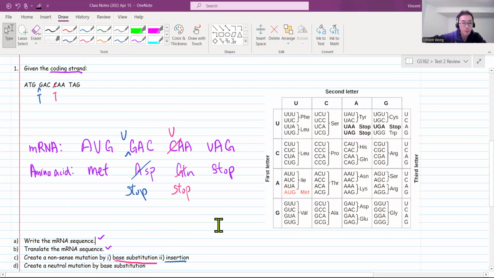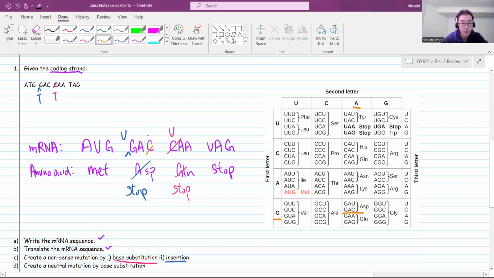Okay, create a neutral mutation by base substitution. Neutral mutation means we are not going to change the sequence of amino acids. So all you have to do is look up like GAC or something. GAC is right here, which is ASP. So if I wanted to stay as ASP, then we change GAC to GAU.